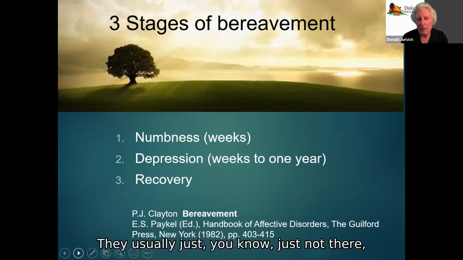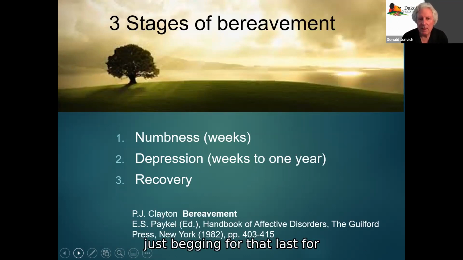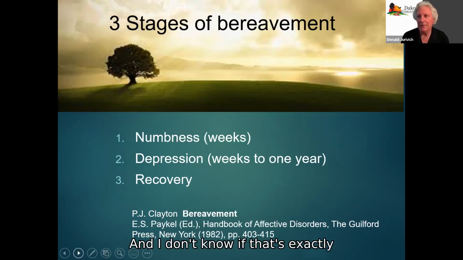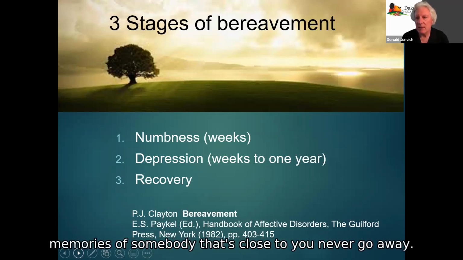That's usually just kind of vegging, and that lasts for weeks. And then it morphs into a depression, which can occur, we say, about 3 months. At least that's the way I've been taught. And I don't know if that's exactly true, because quite honestly, memories of somebody that's close to you never go away.